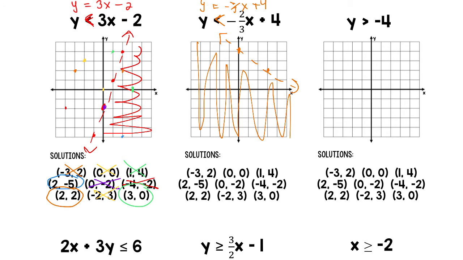Got -3, 2. Yes. 0, 0 is a solution. 1, 4. Not a solution. 2, -5. Yes. 0, -2. Yes. -4, -2.